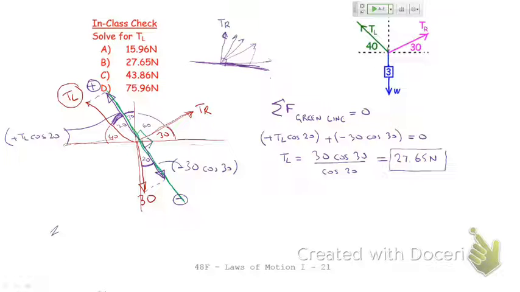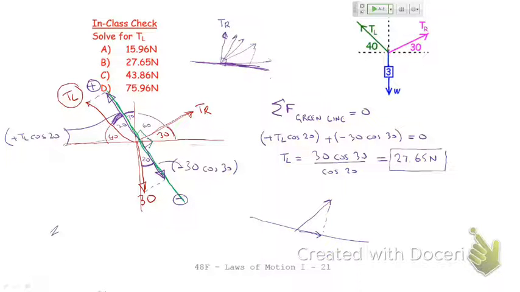TR has no influence to the left, no influence to the right along that line. But if I had picked a line like that, it would have cast a shadow, and I would have had to include it in my equation.